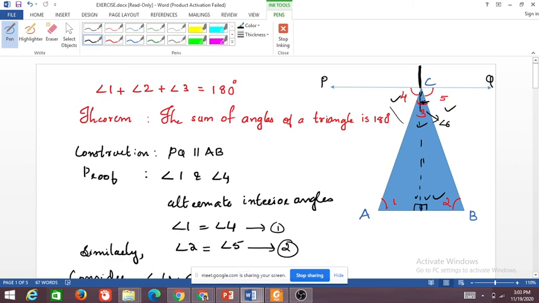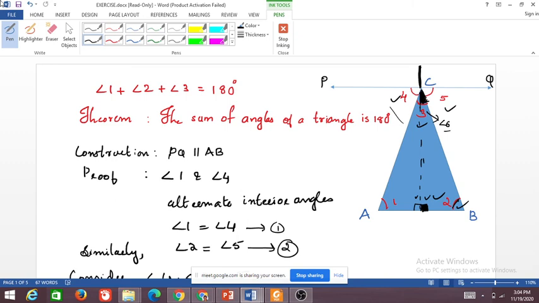So how will I say their sum will be 90 degrees? I only know about this 90 degrees, but this and this we don't know. We only know that they will be acute, and that too, knowing that the sum of angles is 180 degrees. Okay, ma'am. Is that clear?